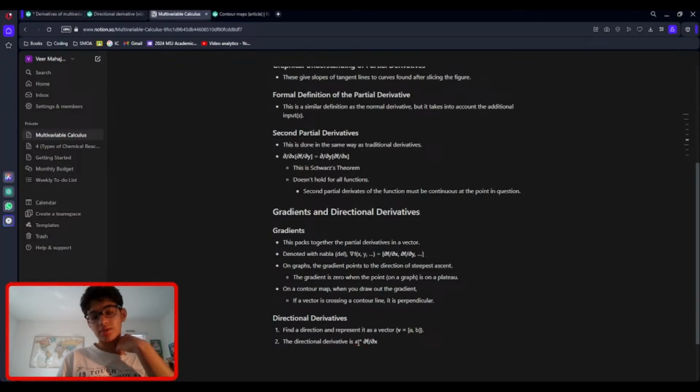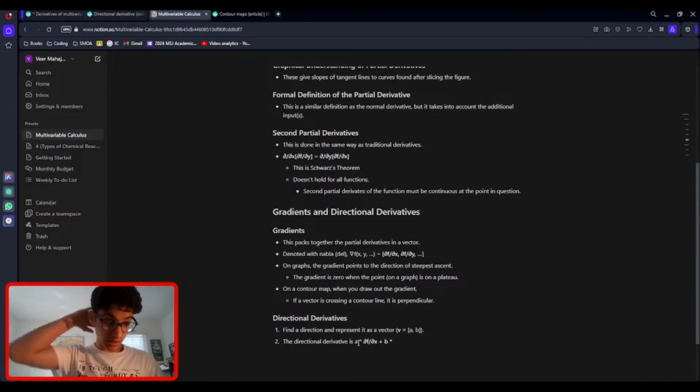The directional derivative, and then you do plus b times that. So you're adding them up now to give.